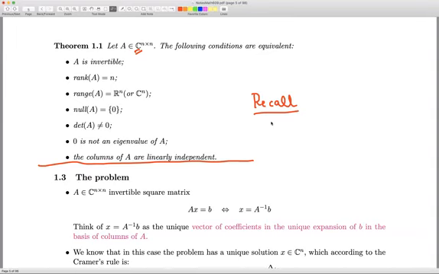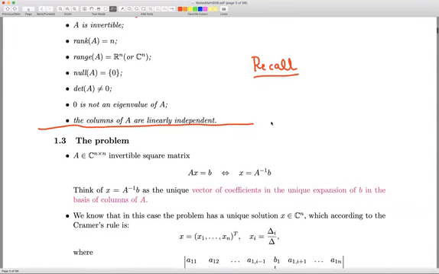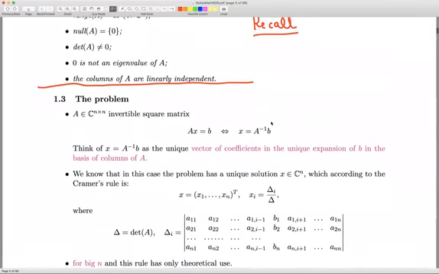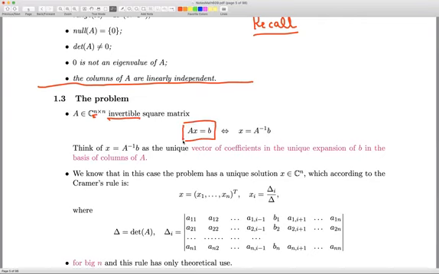And now, looking at the problem that we are going to discuss, we have a matrix with complex or real entries that is square, with n rows and n columns, and that is invertible. And we would like to find the vector x such that Ax is equal to b.